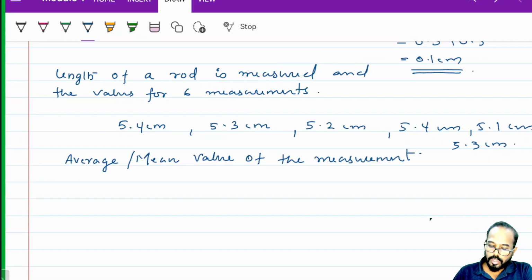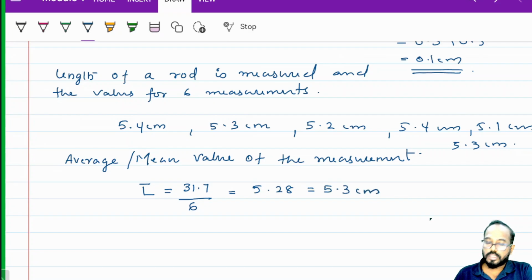Let's say length you are measuring, I am taking L as simple and the average value L bar. You will add everything and divide it by the total number of readings, you will get the average value. When you add all these in your calculator, you will get 31.7 upon 6 readings. This will be equal to 5.28. You can take it as 5.3 centimeter.